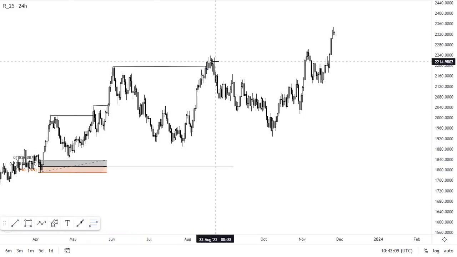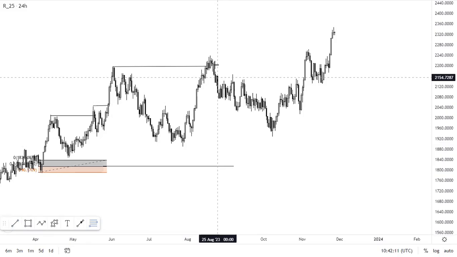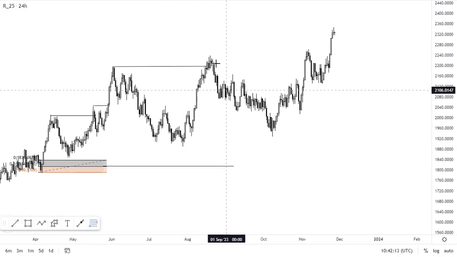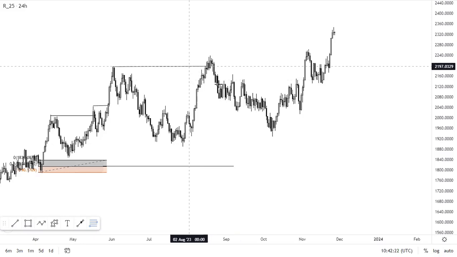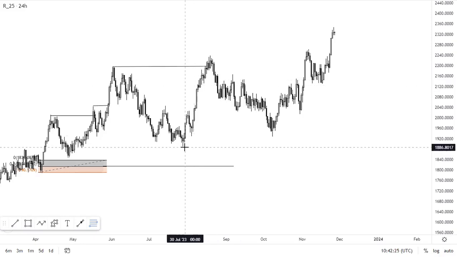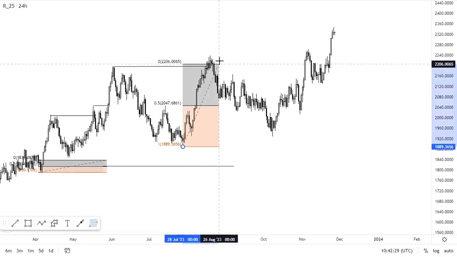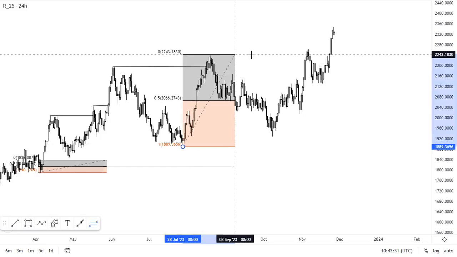Ensure the market has started the pullback. That is how you are going to weigh how far the pullback will go. Ensure you have started seeing that pullback, that intent that we want to go for a pullback. So let's see, we have from this swing low to this swing high.